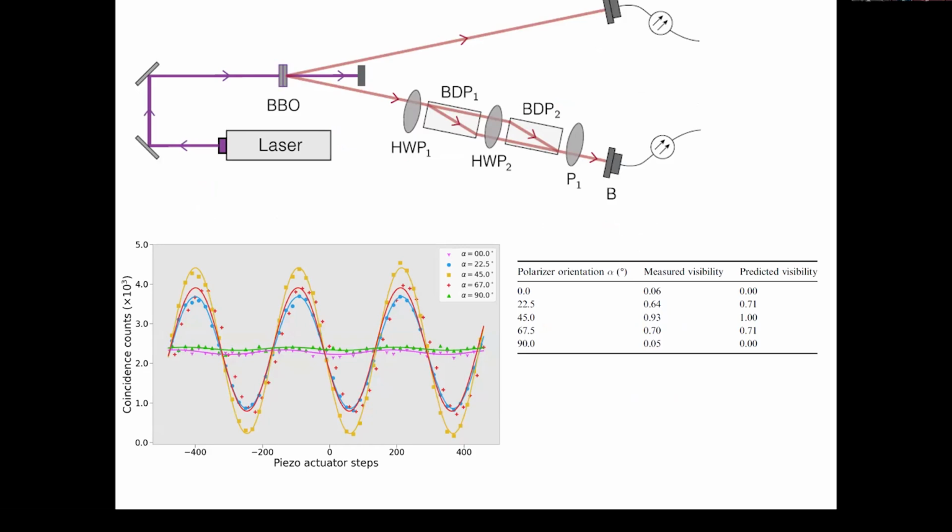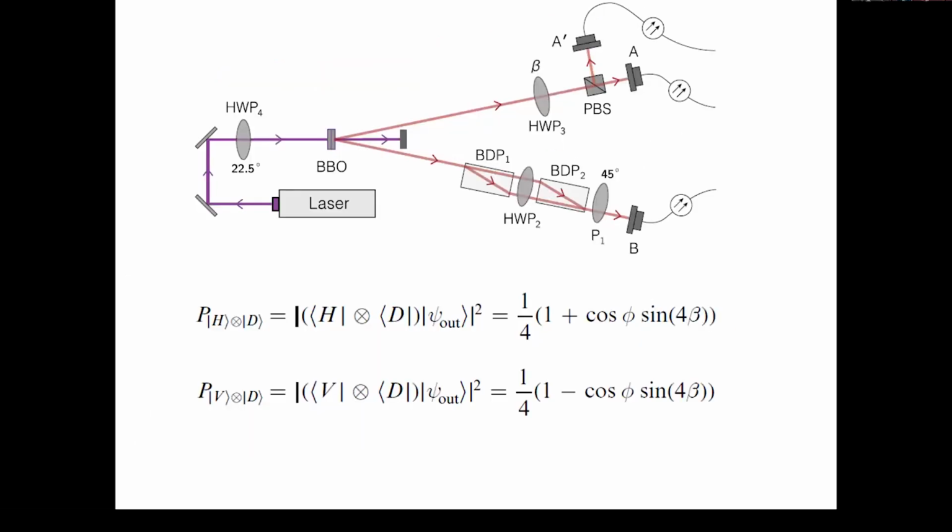So Paul Kwiat and Englert later proposed another experiment in which you keep the entire interferometer arm fixed, and use the other arm, with a polarizer and a half-wave plate, to change the fringes that are observed over here. And that is truly remarkable when you do this with single photons. So we implemented this experiment in the laboratory.